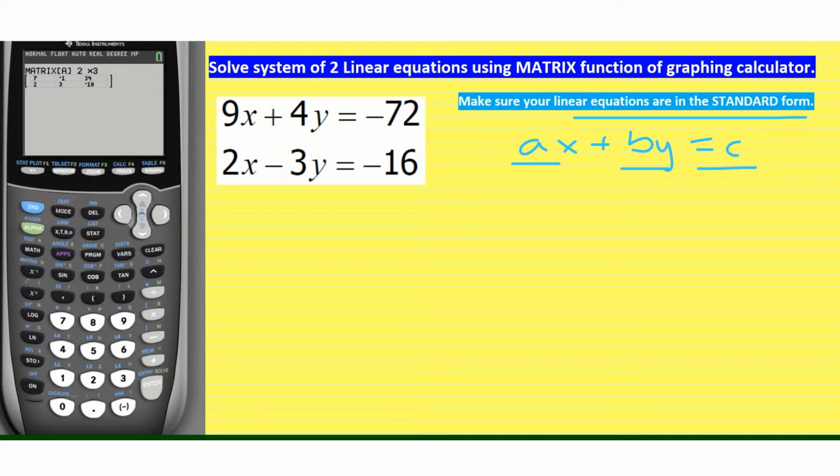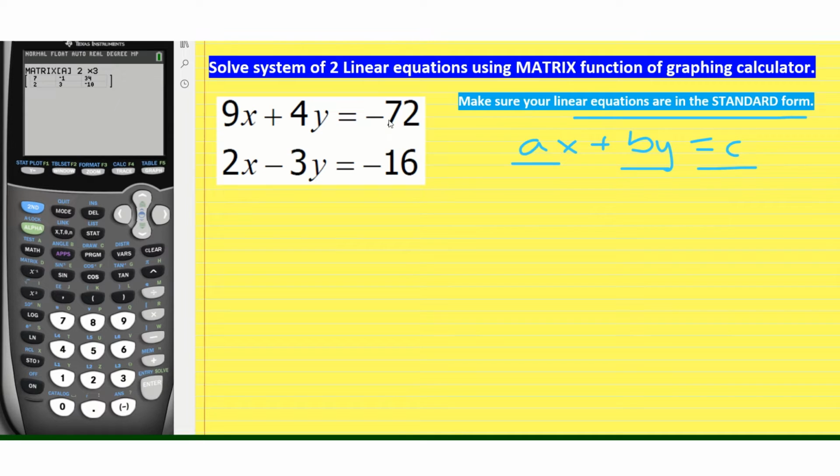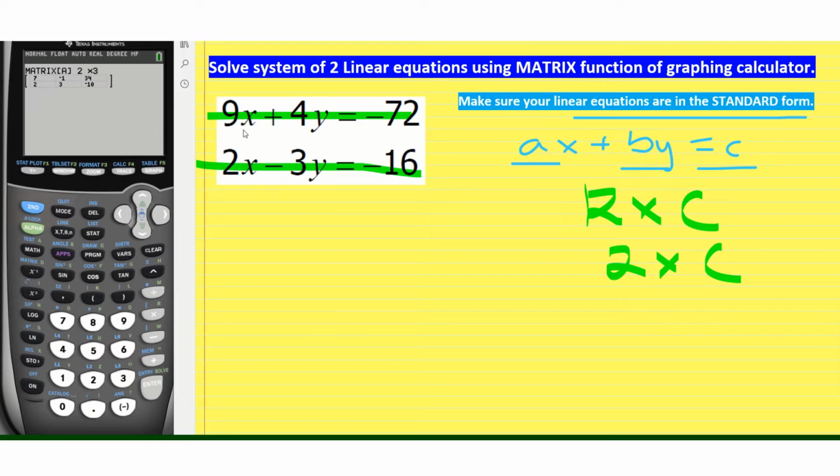And that is what we are going to want with this set of two linear equations, because we name our matrices row by column, and this is a 2 by 3 matrix because I have 2 rows and 3 columns. Here we go, 2 by 3.